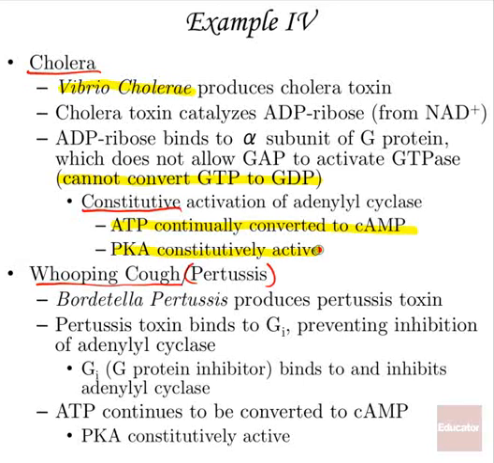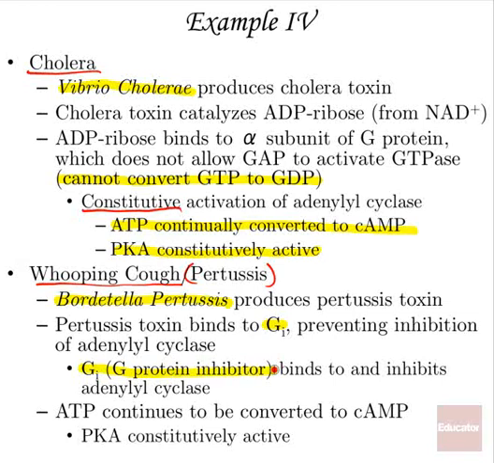Now, whooping cough specifically is caused by the bacteria Bordetella pertussis, and that bacteria also produces a toxin called the pertussis toxin. This pertussis toxin acts in a little different way than the cholera toxin does. So let's talk about this. We have pertussis toxin binding to a protein called G sub I. Now, G sub I is a G protein inhibitor.